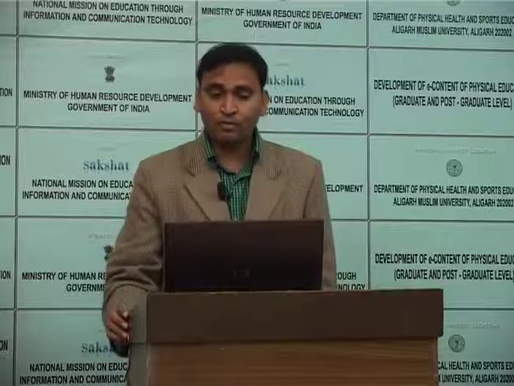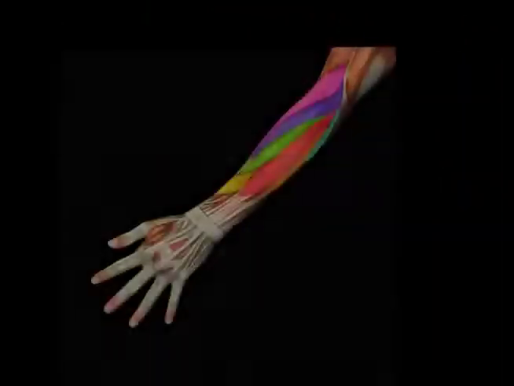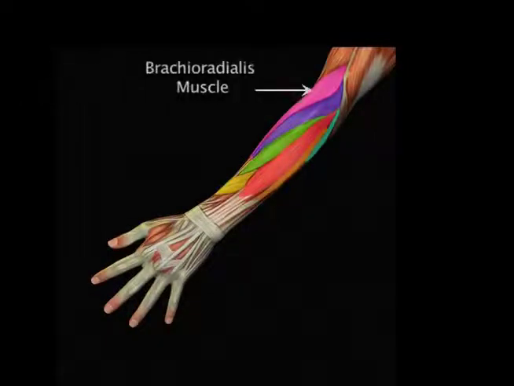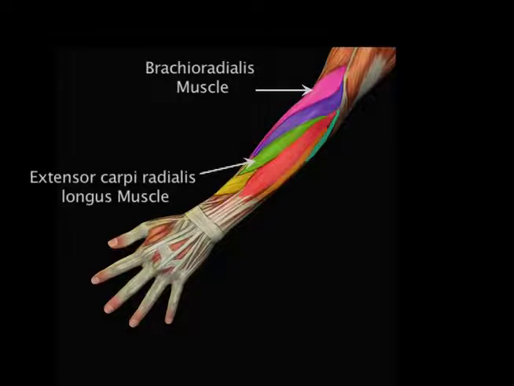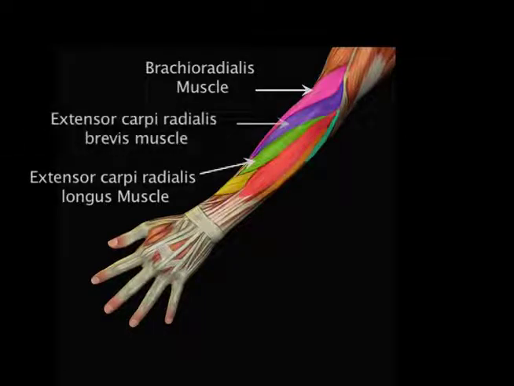Laterally, the posterior or extensor compartment of the forearm has the following muscles. Number 1 is brachioradialis, number 2 is extensor carpi radialis longus, and number 3 is extensor carpi radialis brevis. You can see in the diagram, this is the lateral compartment of the posterior muscles.